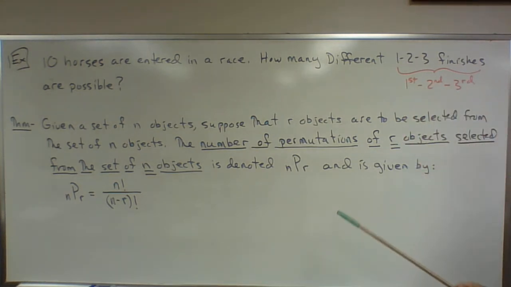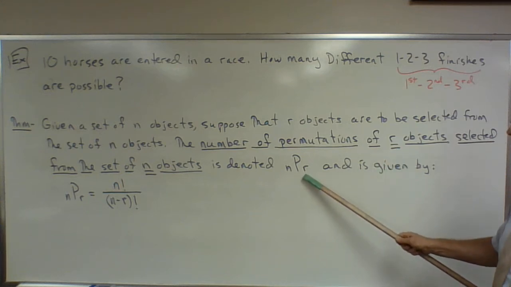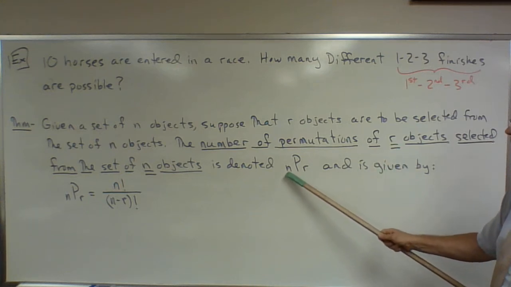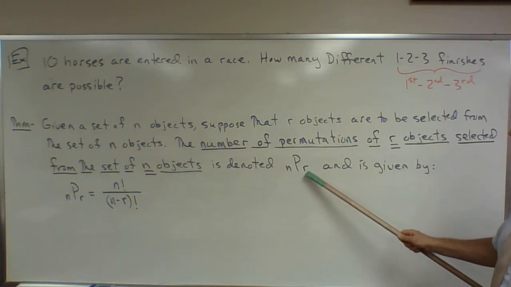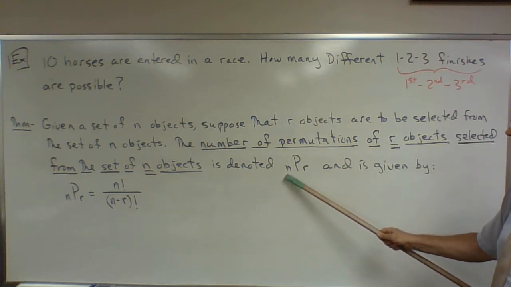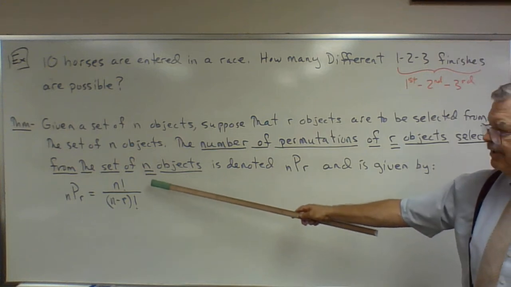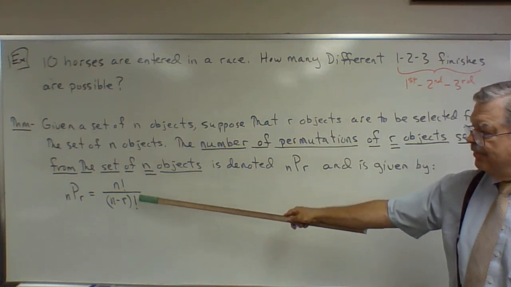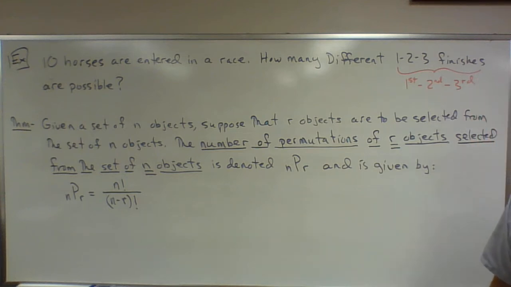And that turns out to be n factorial over n minus r factorial.